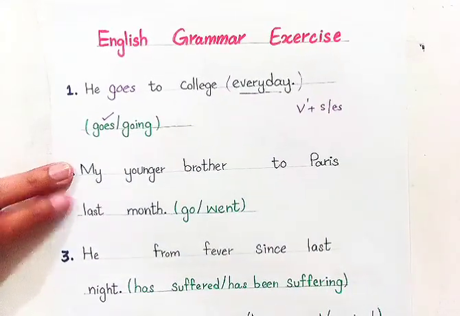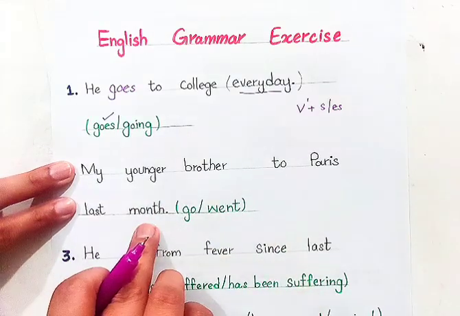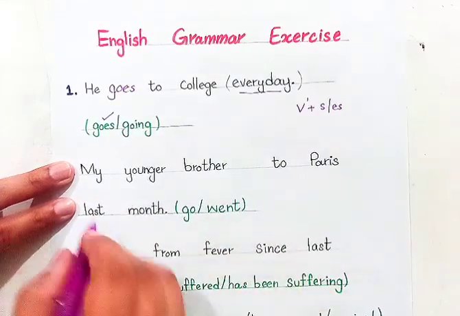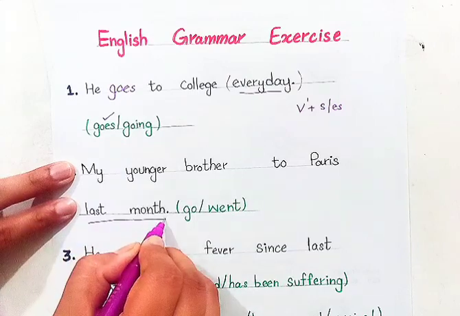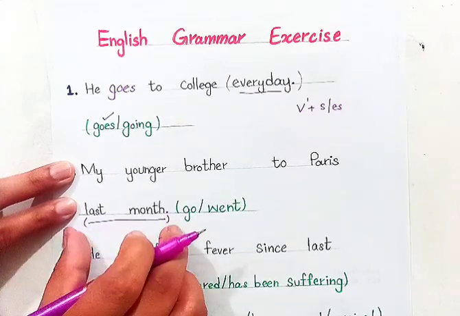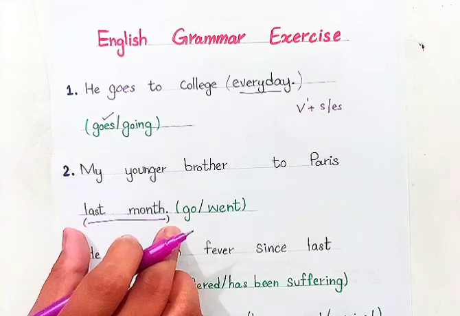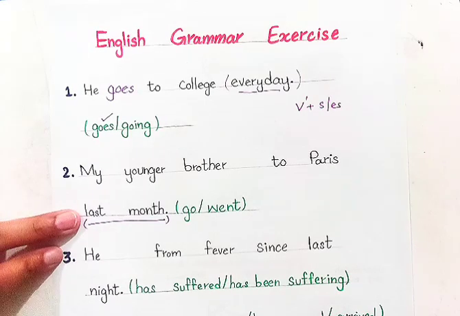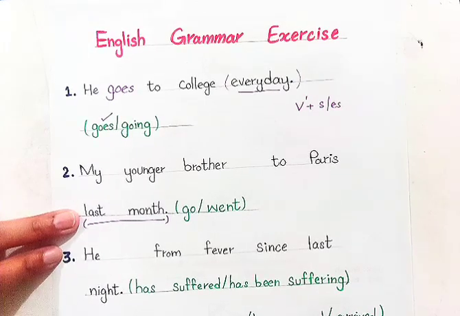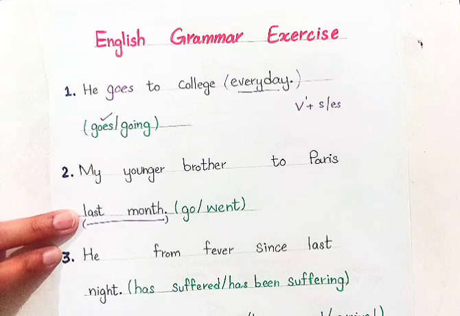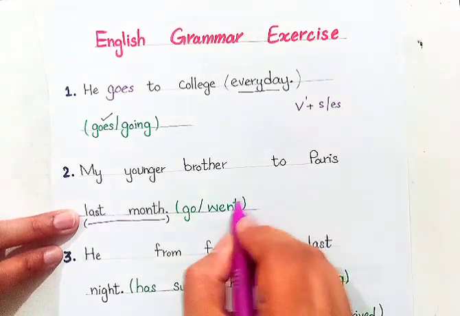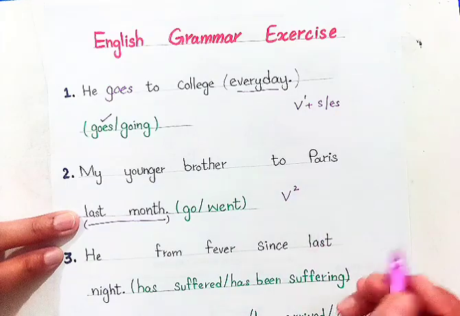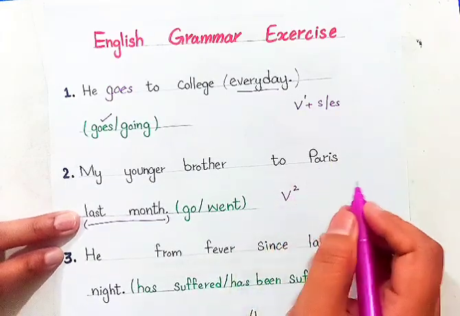Next, my younger brother blank to Paris last month. Go or went? Now look here. In this sentence we are talking about past time, last month, and when any sentence shows past time or past tense, we use the second form of verb.